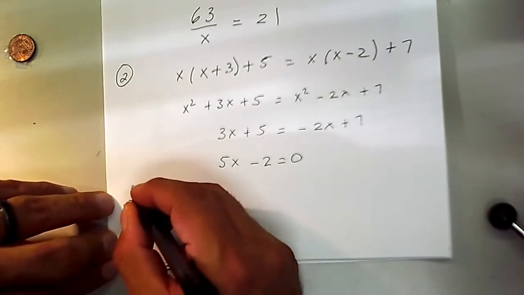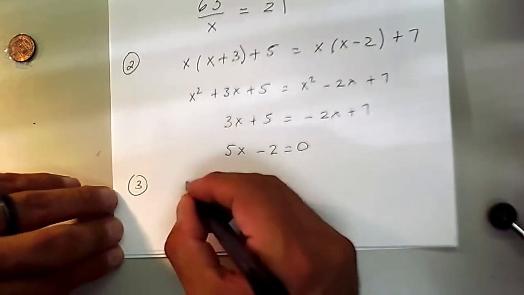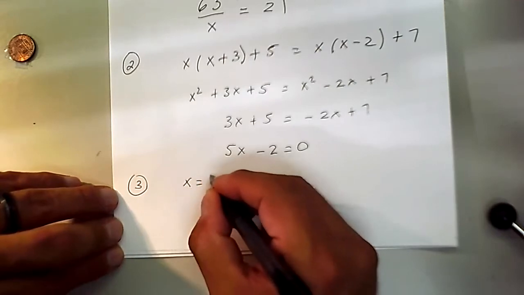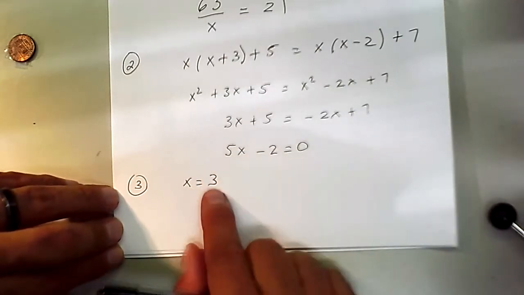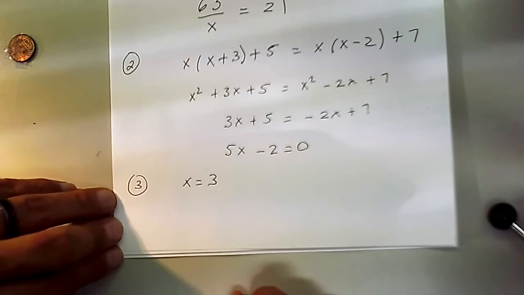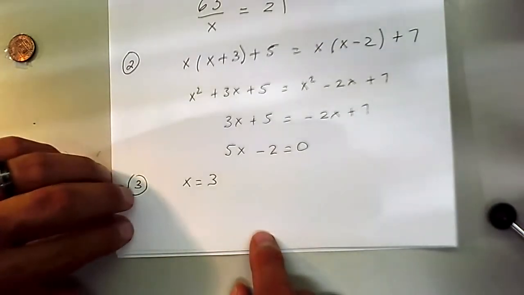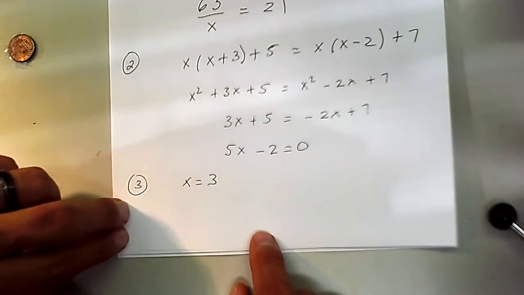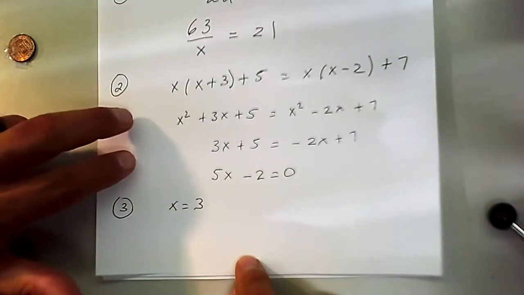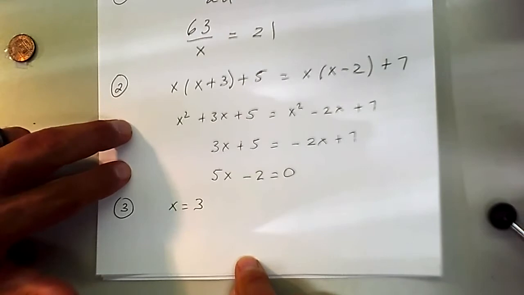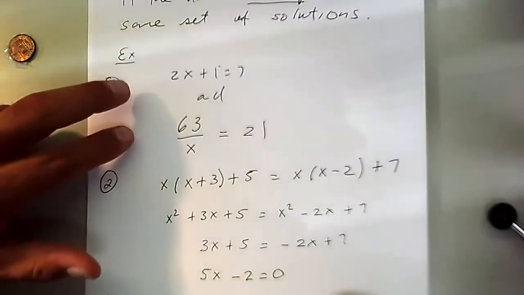So let me give you another example. x equals 3. That's a very simple equation. Now I'm shifting gears a little bit. Now I'm talking about equivalent equations. So here we were talking about linear equations and equivalent equations, and here we were talking about equivalent equations.